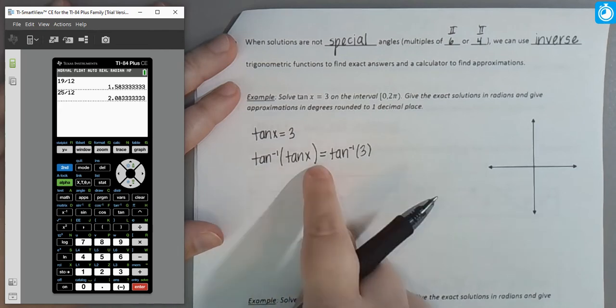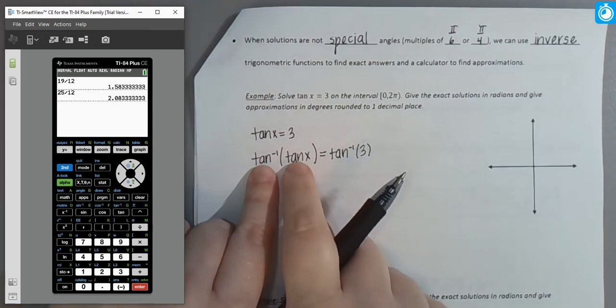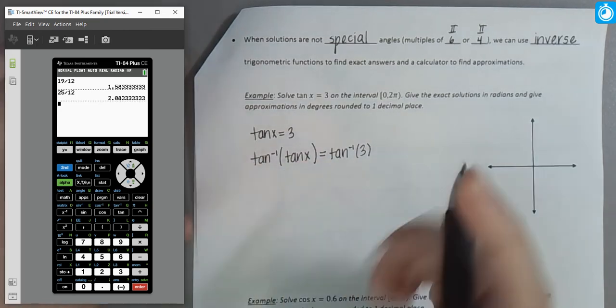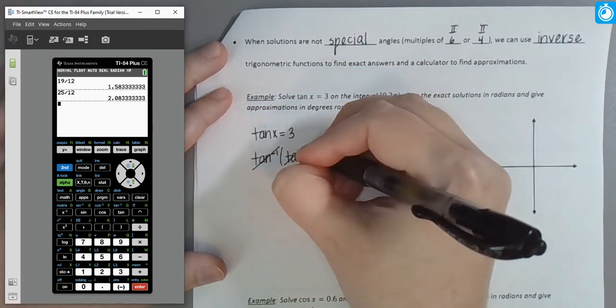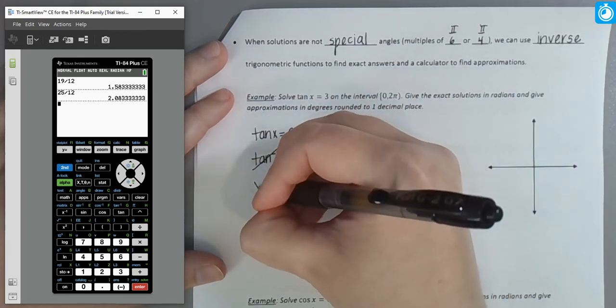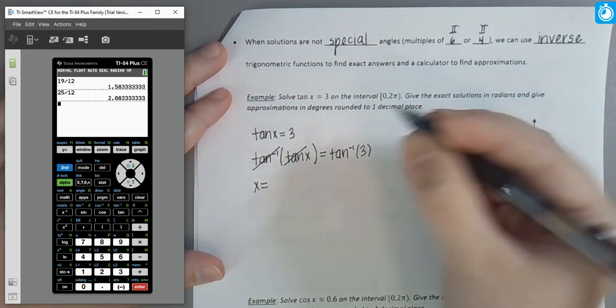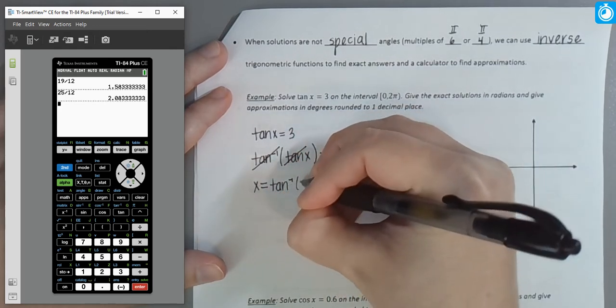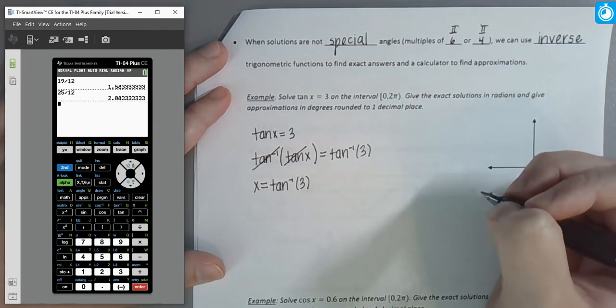Now on the left-hand side, the general idea is we wanted to eliminate the tangent, and tangent inverse combined with tangent, one applied to the other, they are inverses, and so we're just left with x. The tangent is eliminated. X is equal to what? Well, x is equal to the inverse tangent of 3, whatever that happens to be.